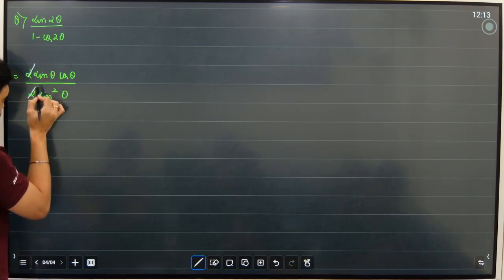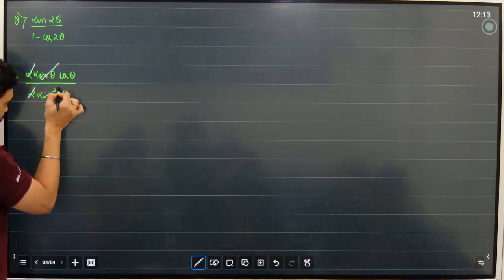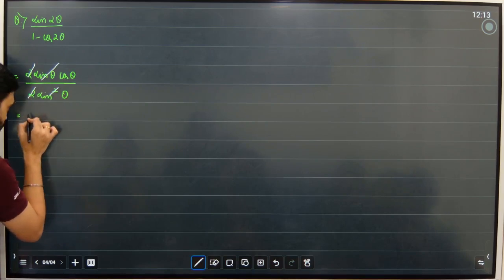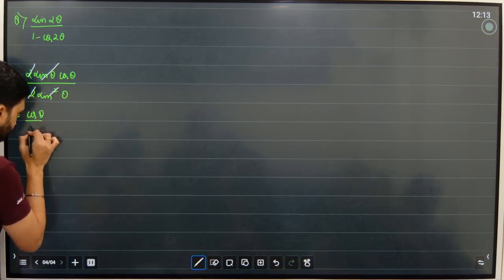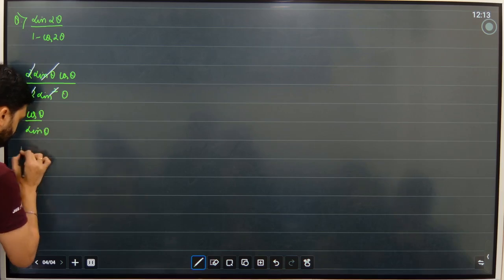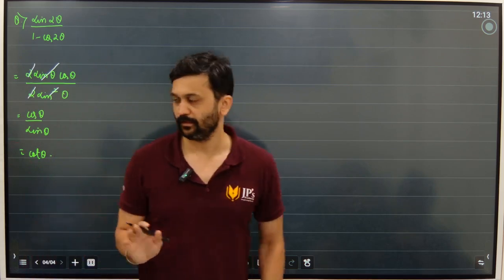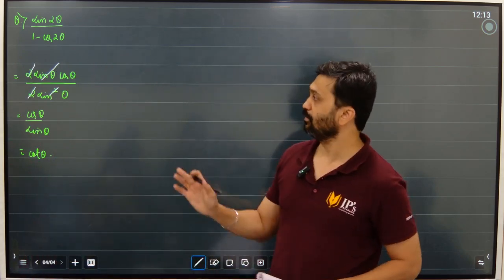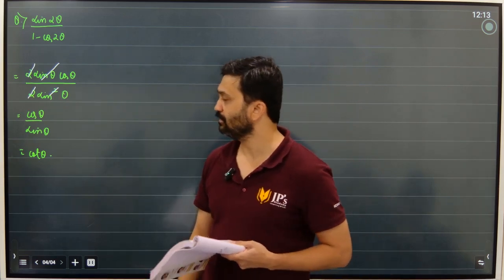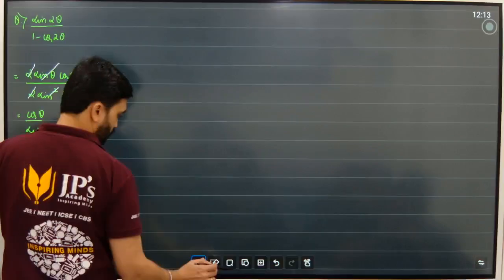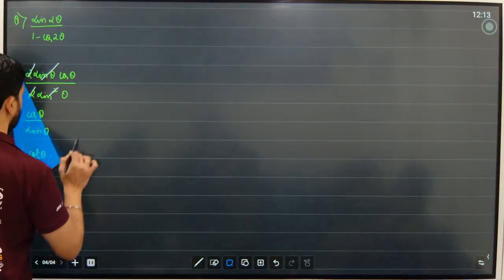This 2 gets cancelled, this sin gets cancelled, and I am left with cos theta upon sin theta, which is equal to cot theta. Anybody has any doubts here? So what we did was we put the formula for sin 2 theta, which is 2 sin theta cos theta, and we have got this answer. I'll just take this little over.